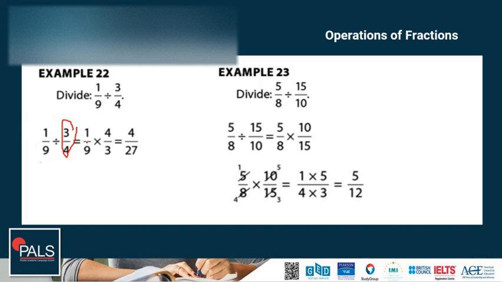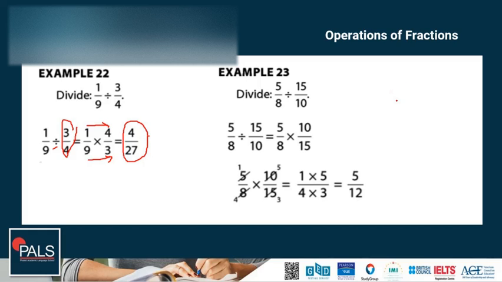After flipping, it becomes 4 over 3 and division becomes multiplication. Then you can just apply the multiplication rule, multiply across. So the answer is 1 times 4 is 4, 9 times 3 is 27. So the answer is 4 over 27.